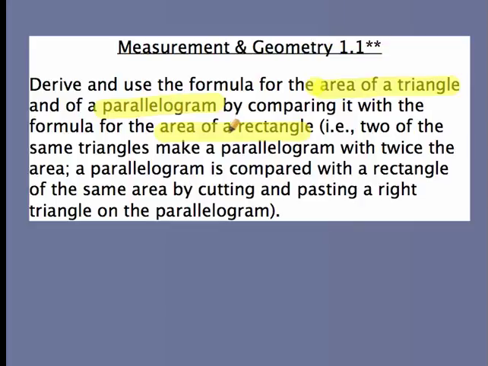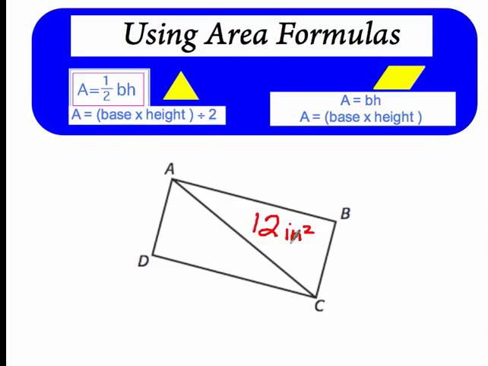And we can figure that out because we know that two of the same triangles make a parallelogram. We know that triangle ABC is 12 inches squared. That's the area for triangle ABC. So let's outline it in red the best I can, and you can highlight it if you had a highlighter.